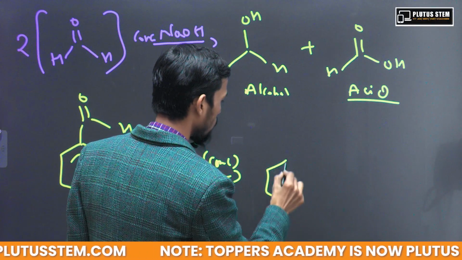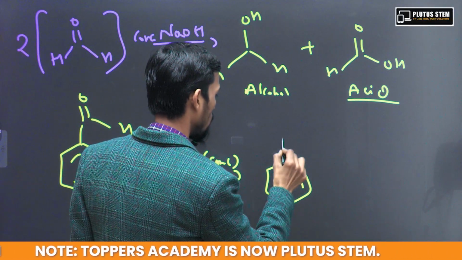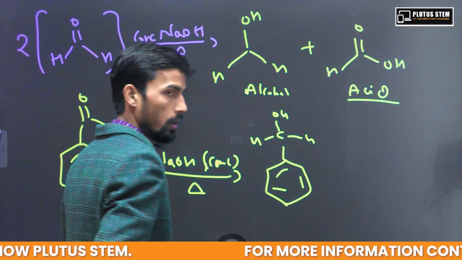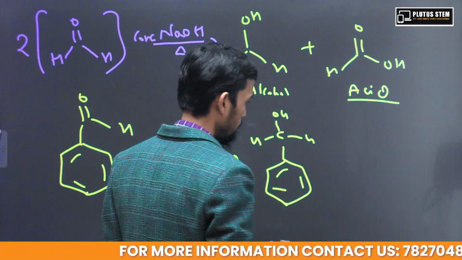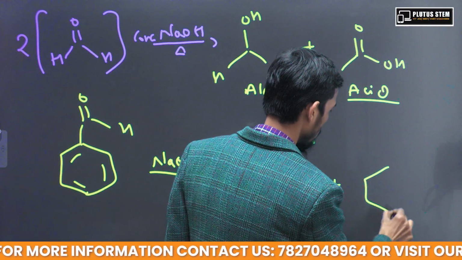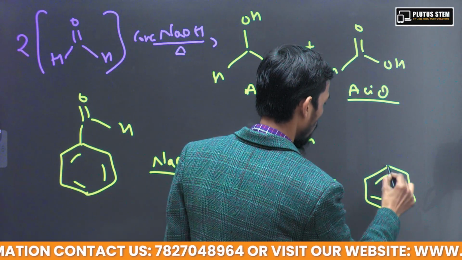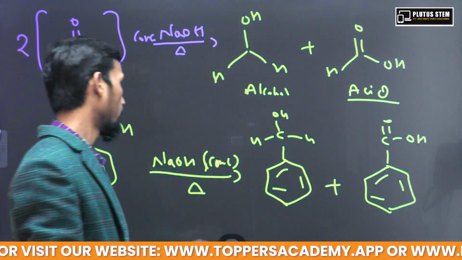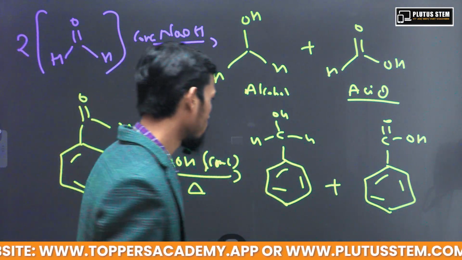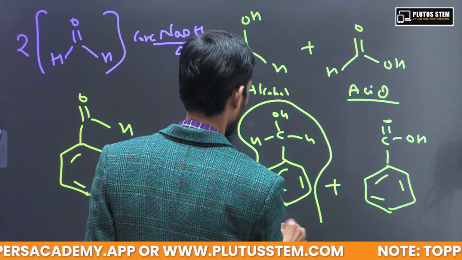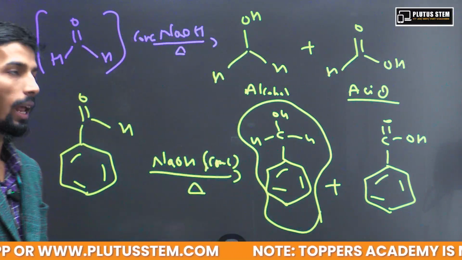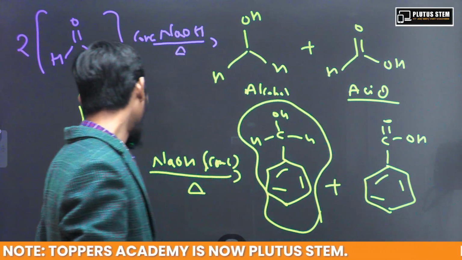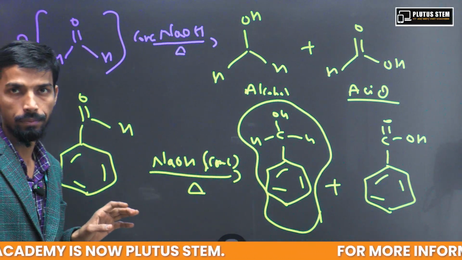We will get benzoic acid plus the alcohol moiety, that is, benzoic acid plus alcohol from the aldehyde. Clear?